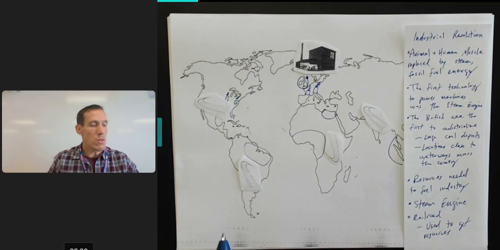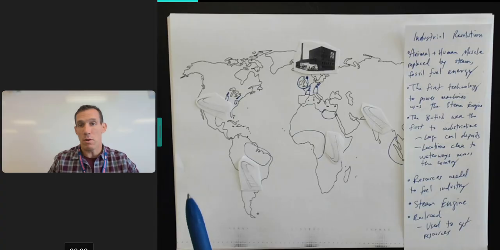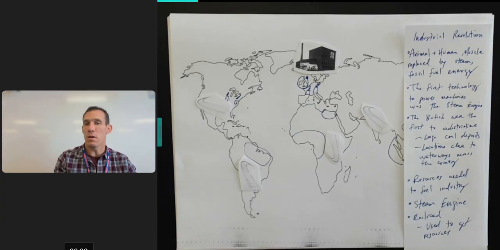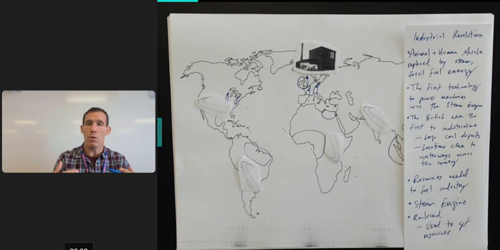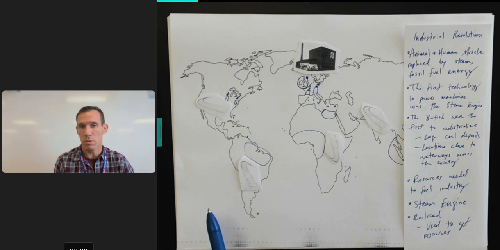And so Europeans oftentimes funded the construction of these railroads in other parts of the world, and then they were used to help more quickly extract resources from these areas. Okay, that oftentimes had negative effects on the people there.